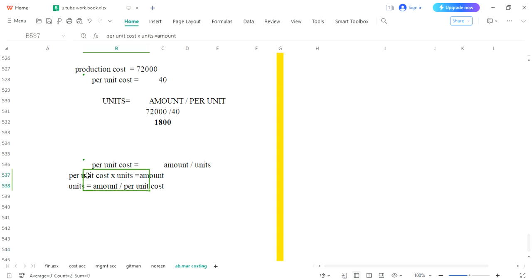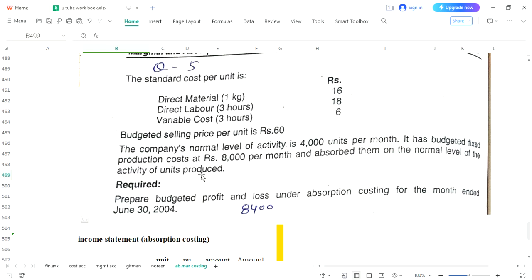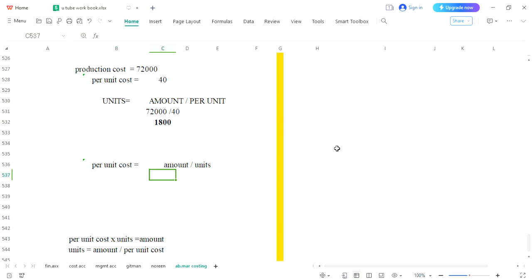Here you have your amount and units: 8,000 amount, 4,000 units. So put 8,000 over here and divide by the number of units, 4,000. Now we can calculate 8,000 divided by 4,000, so we have our per unit fixed cost.